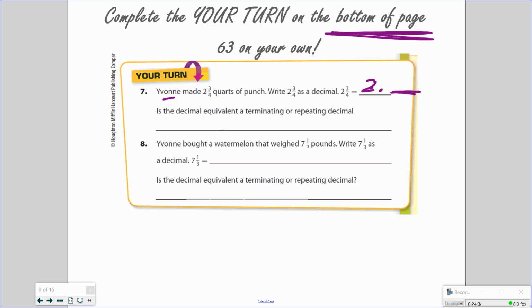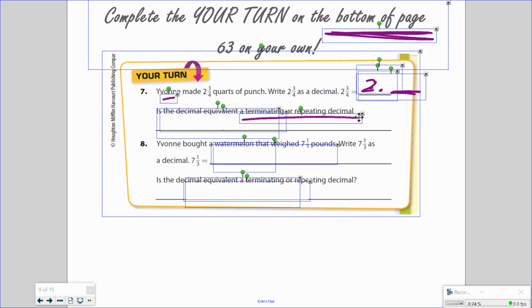If you need help, look back at the previous example, and then you need to tell me whether it's terminating or repeating. Next one says Yvonne bought a watermelon that weighed 7 1/3 pounds. Write 7 1/3 as a decimal, and then once again, write down what you have as terminating or repeating.